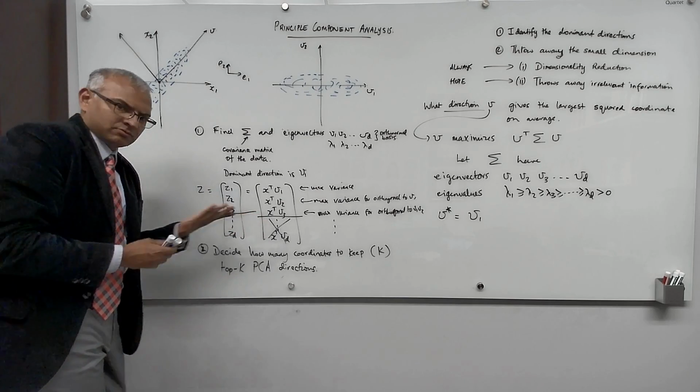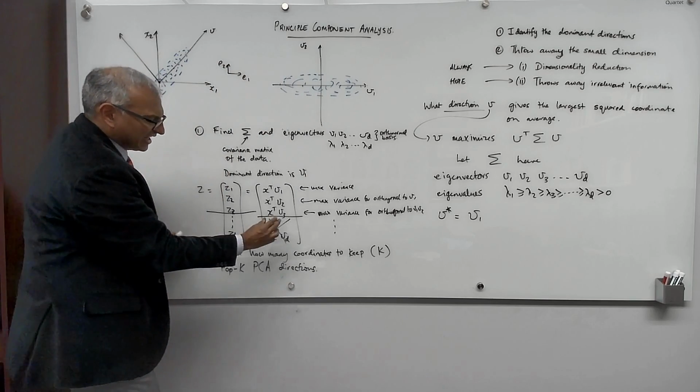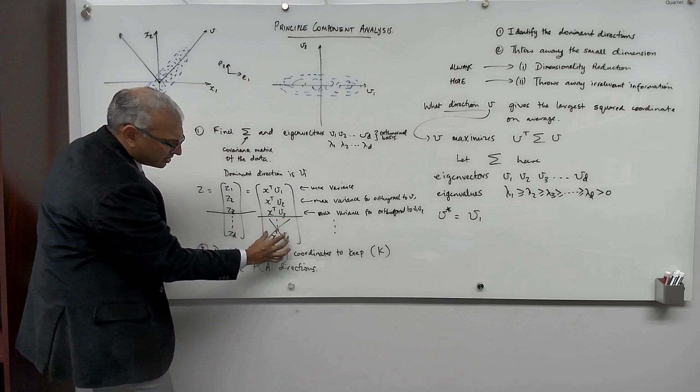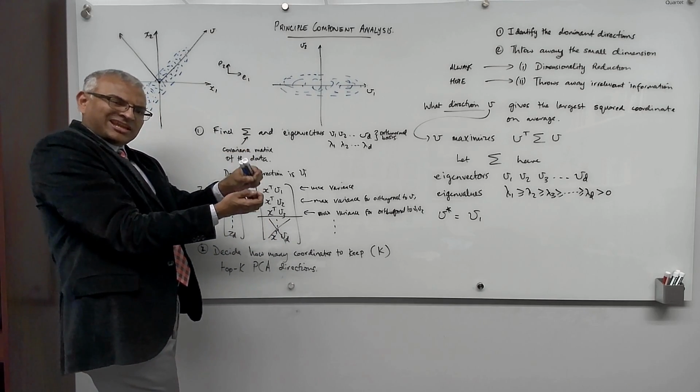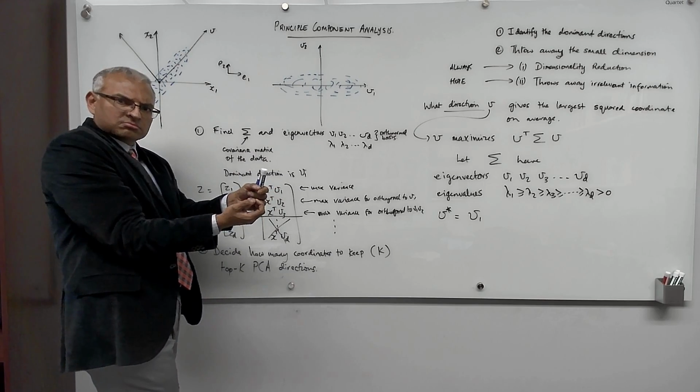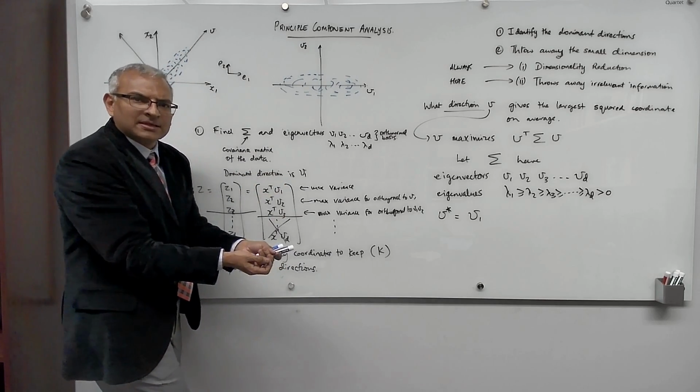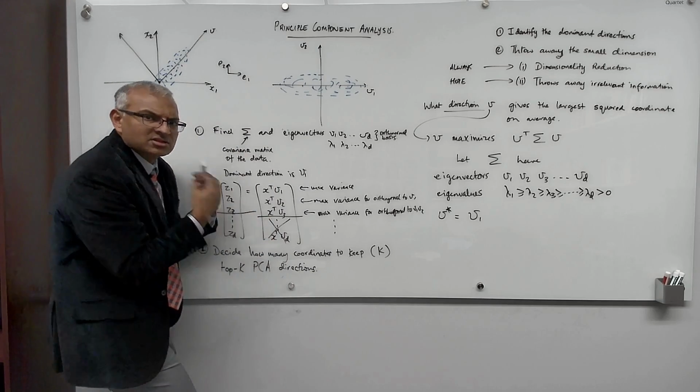Okay, and that's the whole goal. We've identified the directions in which the variation of the data is small, likely to be noise. Okay. Identify those directions, throw them away.